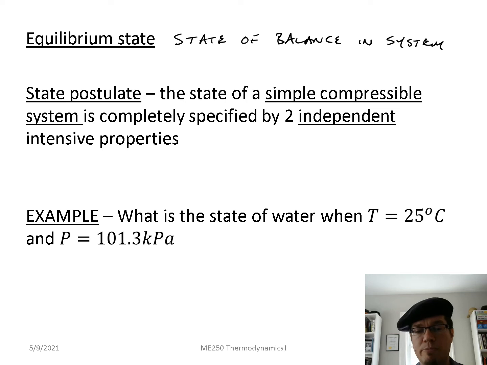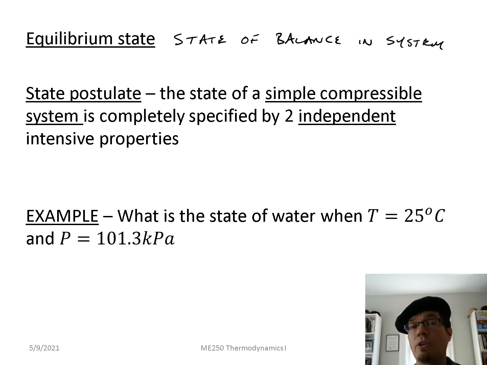So an equilibrium state, for an internal system, or inside a system, is one where there's no temperature distribution, there's no pressure distribution except hydrostatic, there's no chemical reactions going on, there's no phase change going on. If you walk away from it and come back, it's not going to look different, assuming nothing's happened to it from the external.